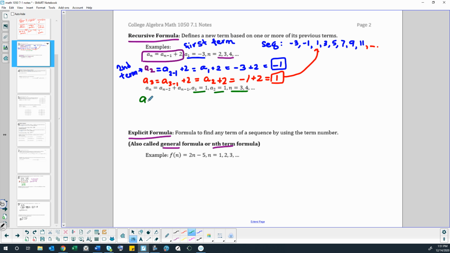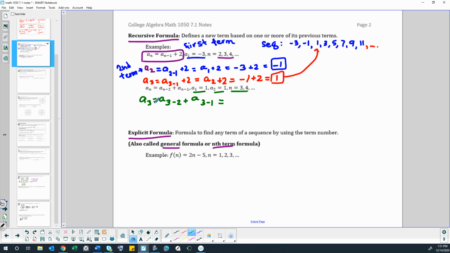So we want to start by finding term number 3, because we already know term number 2 and term number 1. So let's see how this notation works for the names. So n was 3, correct? We're going to take 3 minus 2 plus a sub n is 3, 3 minus 1. So right now I'm just working with the notation.